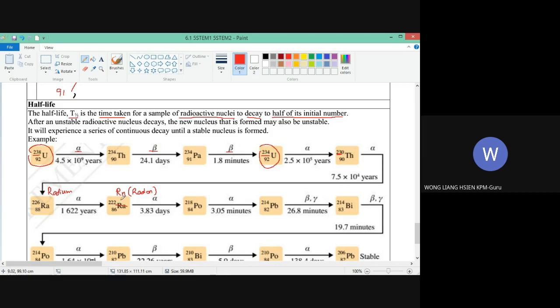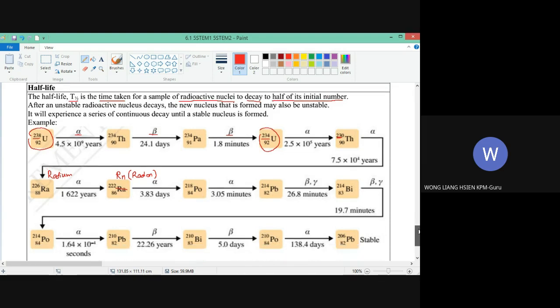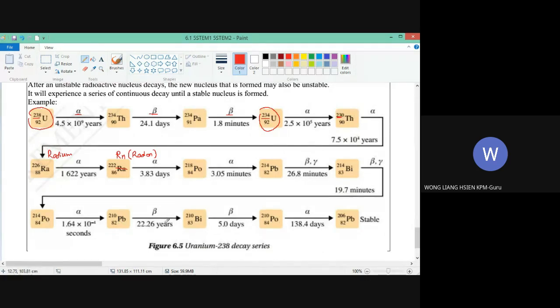Okay, and then this radium undergoes radioactive decay and becomes polonium, polonium becomes lead, then bismuth, polonium, lead. Okay, so at the end, when it becomes lead-206, then it is stable.